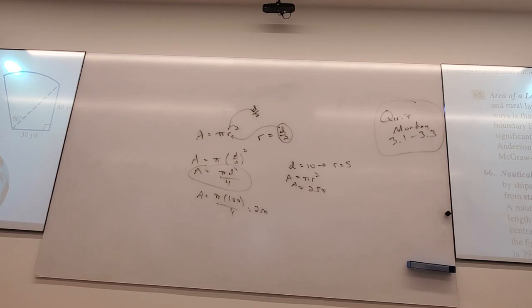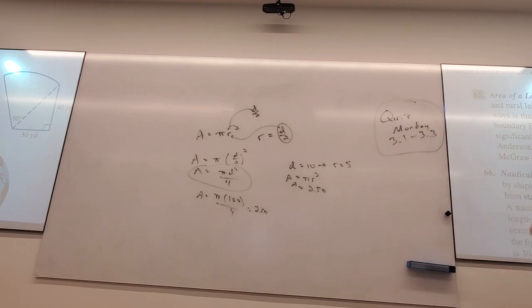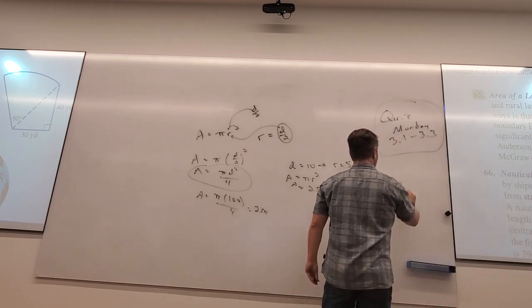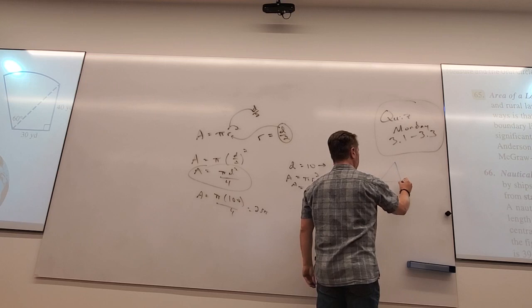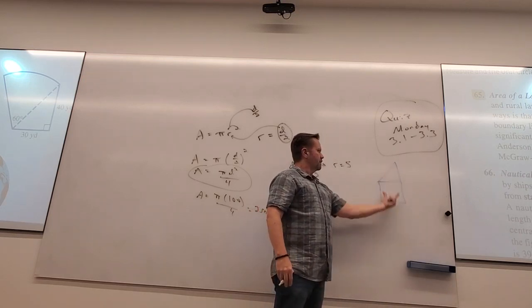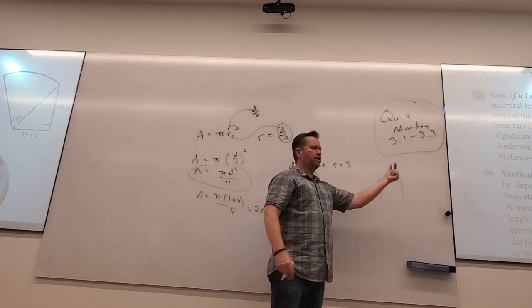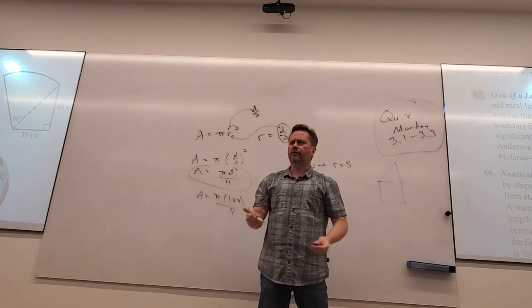Now, in a lot of area problems, it's going to be breaking it down into parts that I know formulas for, right? So if I want to know the area of a shape like this, this is a square, this is a triangle, I just need to know the right sides and I can figure it out.